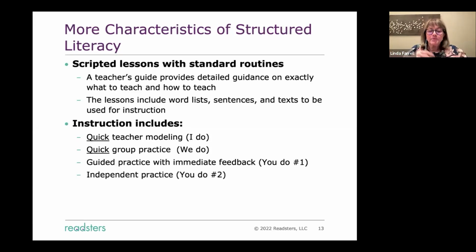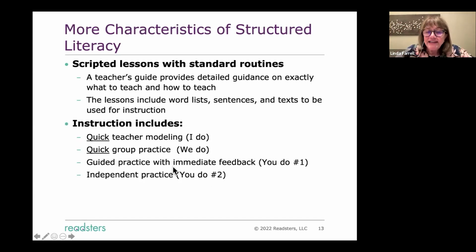There's independent practice number 1, when I give them feedback, and then independent practice 2, where now I'm pretty sure they've got it. I've listened and I know they can do this without making mistakes. And then in independent practice, they might read to one another or they might go and read with the computer.